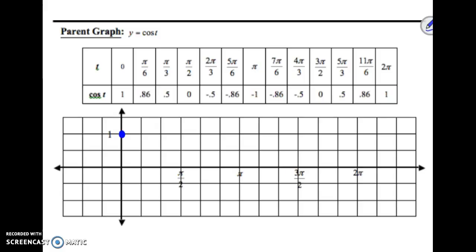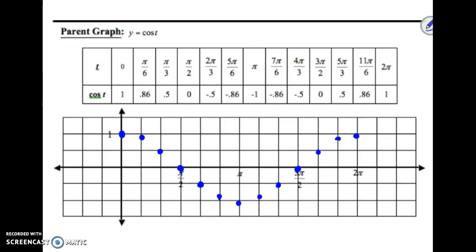And then I'm at 0.86, 0.5. Then I'm at 0, negative 0.5, negative 0.86, negative 1. Then negative 0.86, negative 0.5, 0, positive 0.5, positive 0.86, and positive 1.